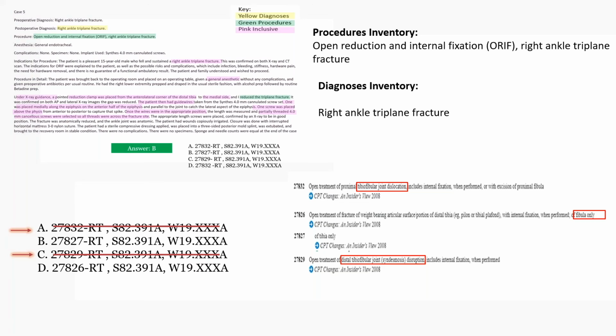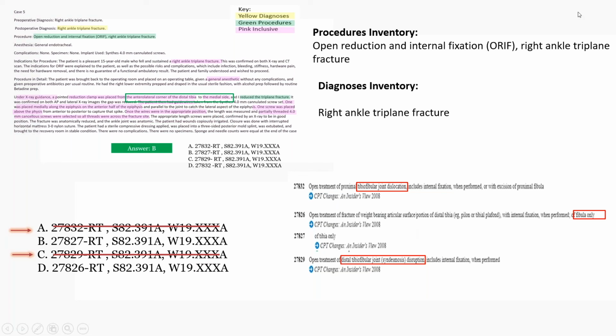And option B, 27827, is coding for open treatment of fracture of weight bearing articular surface portion of distal tibia only. So option D is for fibula only, and 27827 is for tibia only.